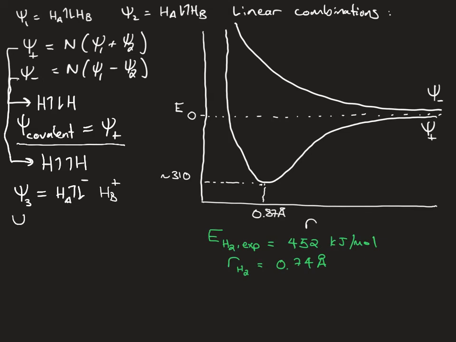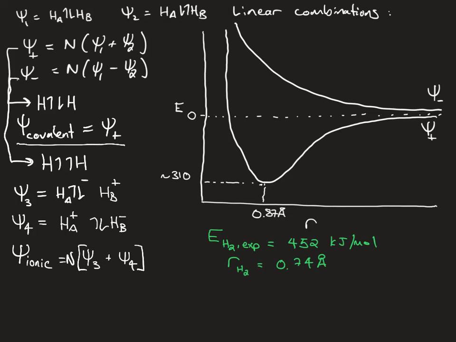We can come up with psi4, which is a proton associated with HA, both electrons associated with HB, making it a hydride. And the overall ionic wave function would be psi3 plus psi4, and of course we would have to have some normalization factor in front of that to complete it mathematically.